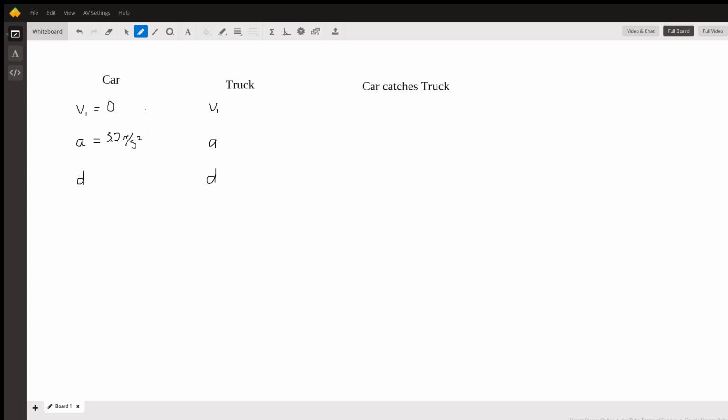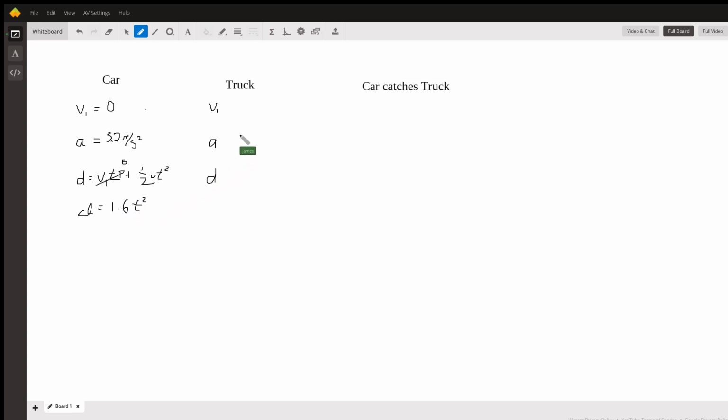There's that great kinematics expression, distance traveled equals v initial times t plus 1/2 a t squared. And for the car, with an initial velocity of 0, this entire term goes to 0, and 1/2 times 3.2 gives us 1.6 t squared.